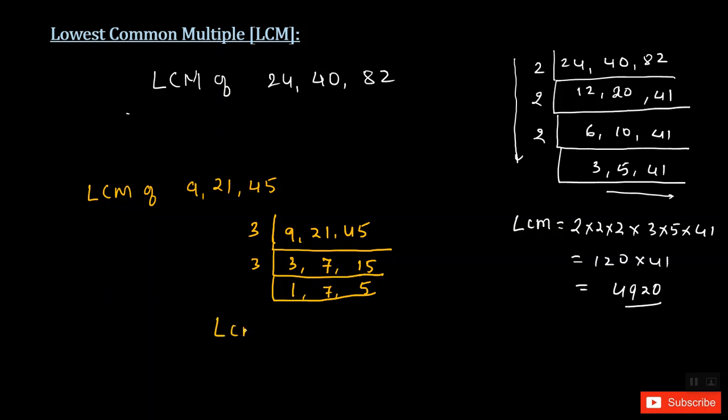Multiply all these numbers: 3 times 3 times 7 times 5, that is 9 times 35, which is 315. The least common multiple of 9, 21 and 45 is 315, right? This is how we solve.